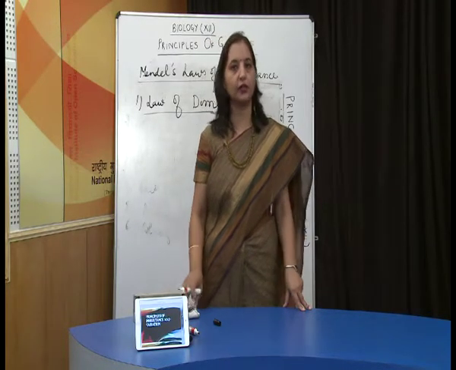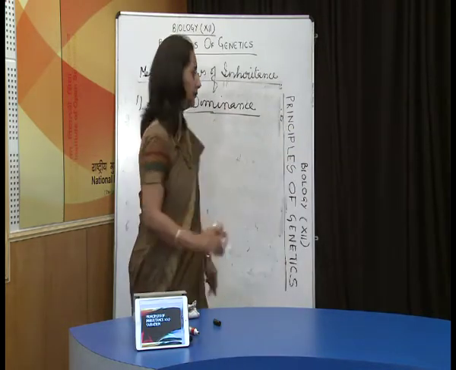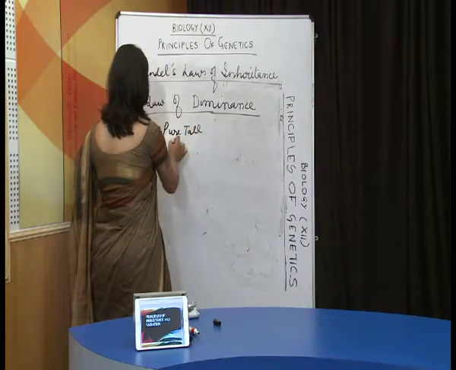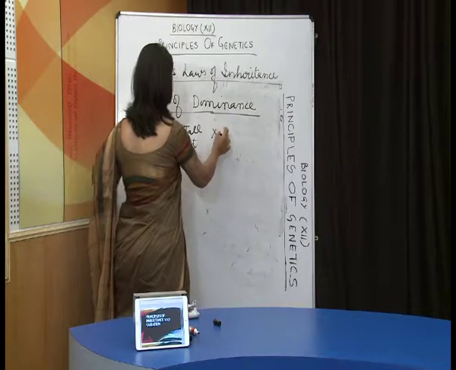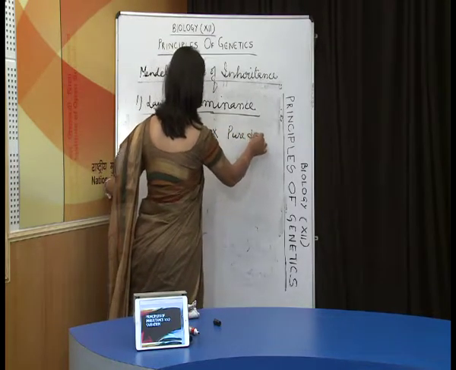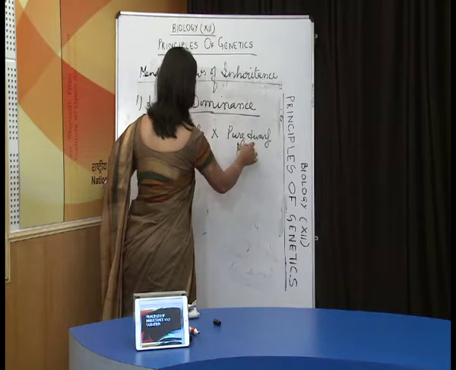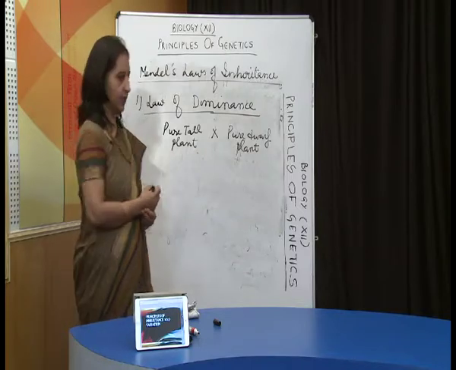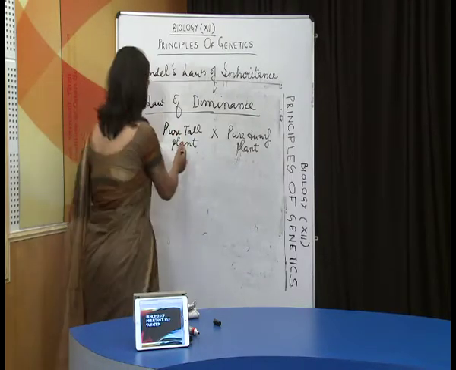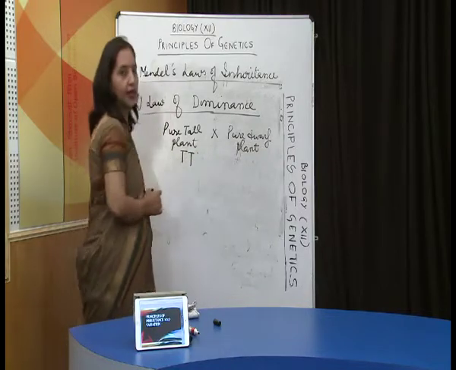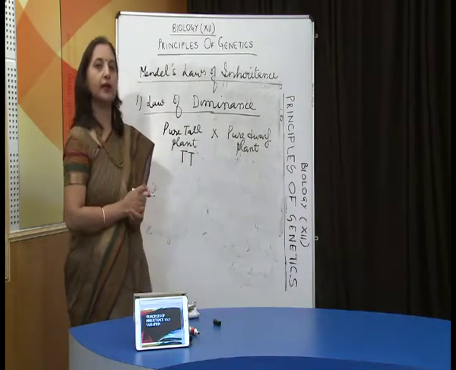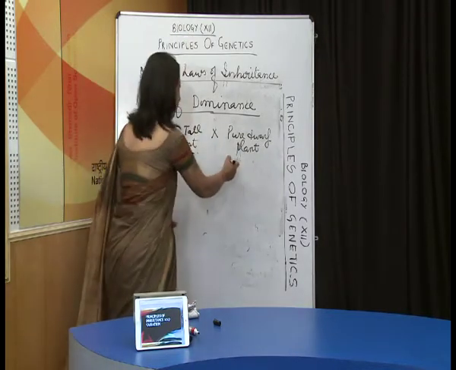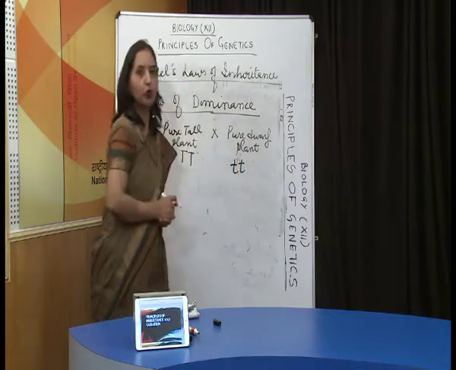We can understand this with the help of a very simple example. He crossed pure tall plants with pure dwarf plants. Now, when we say pure tall plants, that means we write the same allele, capital T, capital T, and the capital letter is used to express the dominating trait, and pure dwarf is represented by small t and small t.